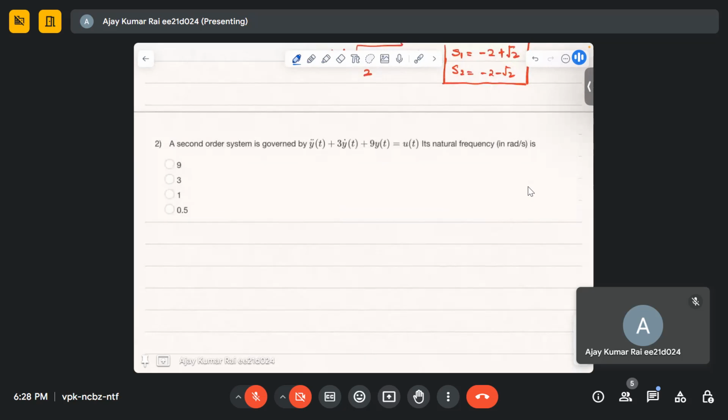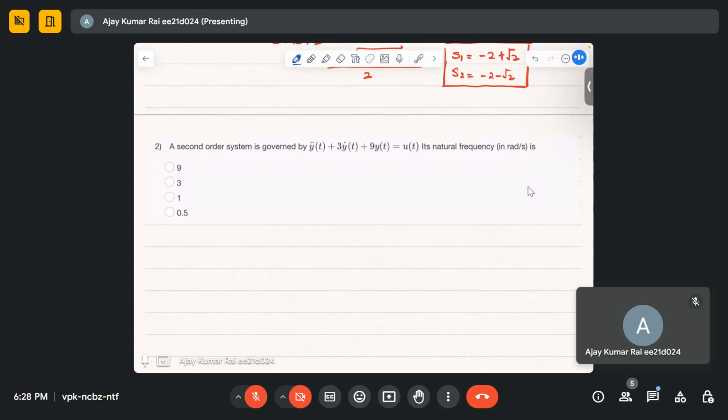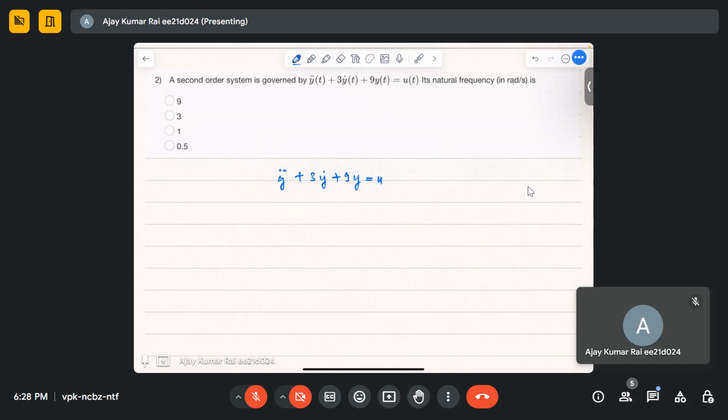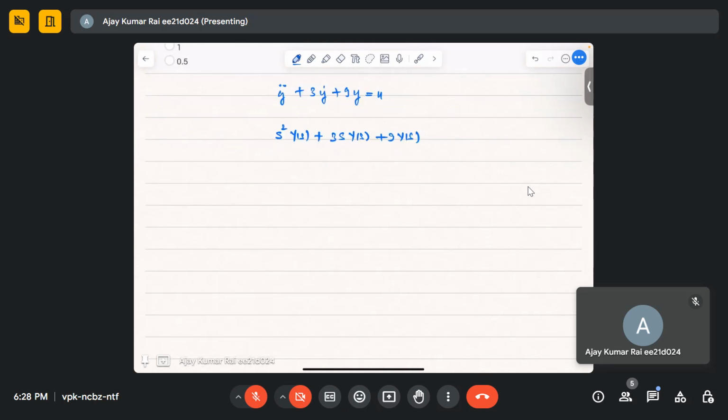Next question: second order system is governed by this equation. Its natural frequency is... so this is a second order system. So taking the Laplace transform, we'll directly write the transfer function.